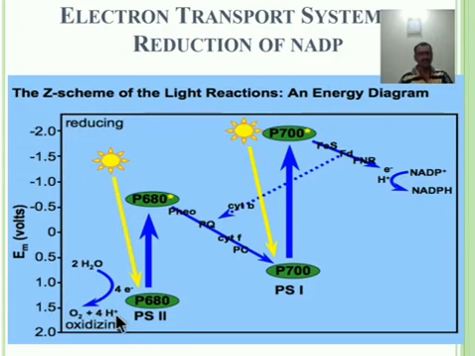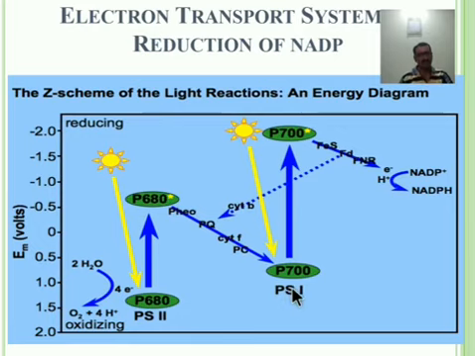Electron released during the photolysis of water is accepted by PS second to fill an electron hole of the reaction center molecule. When excited electrons move from PS second to pheophytin, after that the cytochrome F, plastocyanin, and further toward the pigment system first.